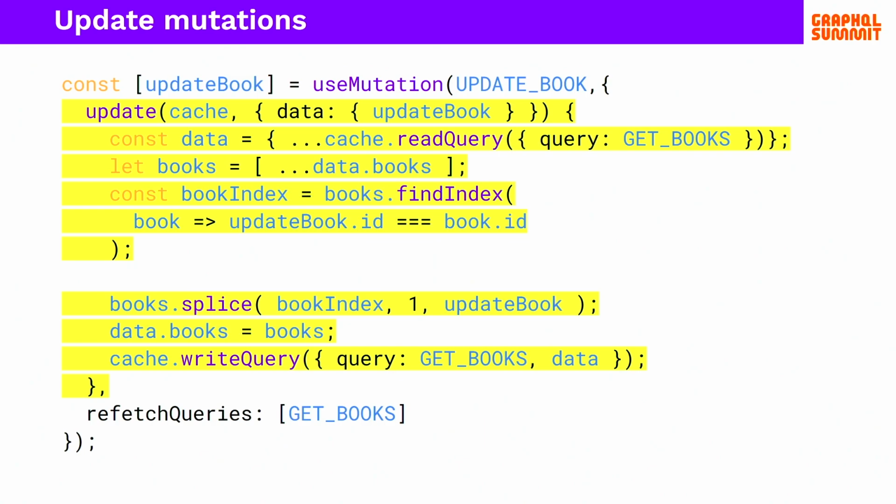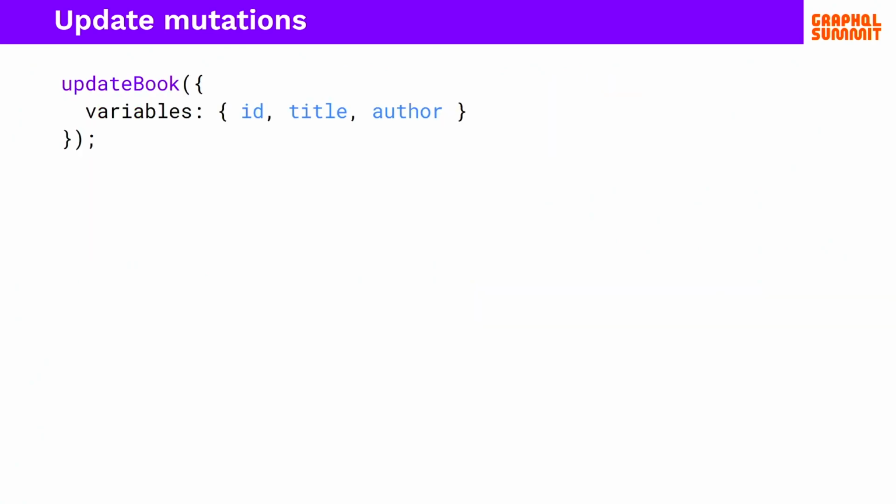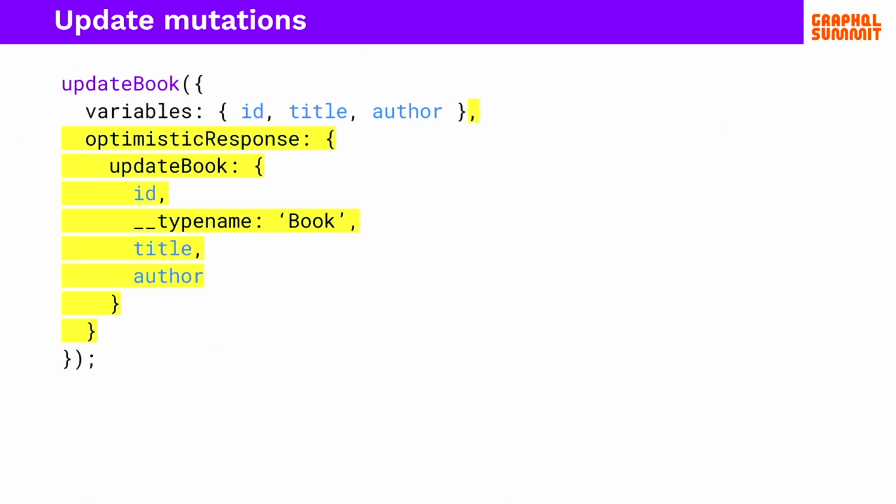For your use case, it might be different. And then when we fire off that mutation call, just like before, we need to add in the optimistic response. And here, instead of having a temporary ID, since we actually do know what the ID is going to be, we can go ahead and plug that right in.